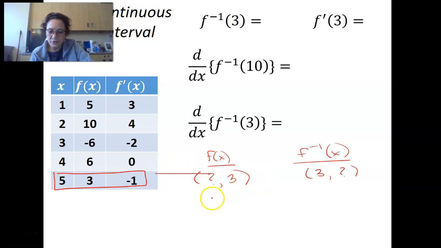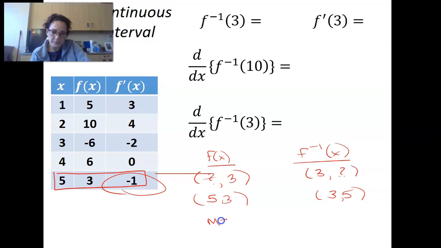So if this function has the point 5,3, then this one has the point 3,5. So now I know what my question marks are. Over here, they told me my slope is -1. So over here, my slope is just the reciprocal of that. So 1 over -1, also known as -1. So it doesn't necessarily look at a glance like we did anything, but we did. We did the reciprocal.